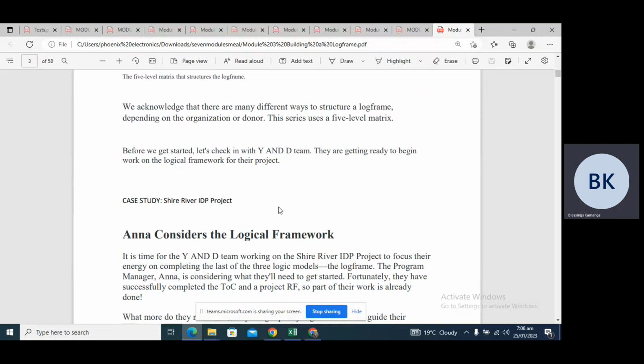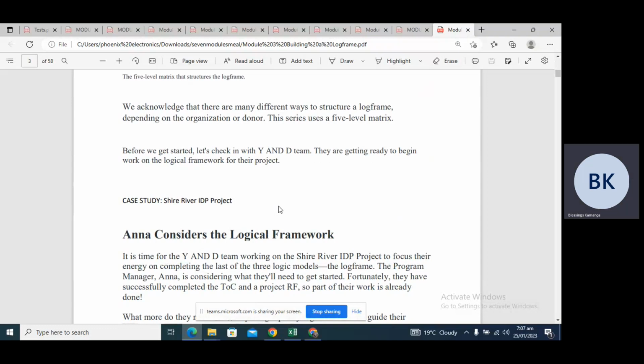So the first thing you have to look at is the example that we have of the WASH project, which is the Shared IDP project. The Shared IDP project is focusing on sanitation as well as health effects of the community that we're studying.